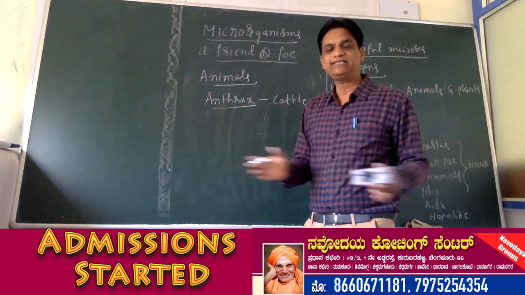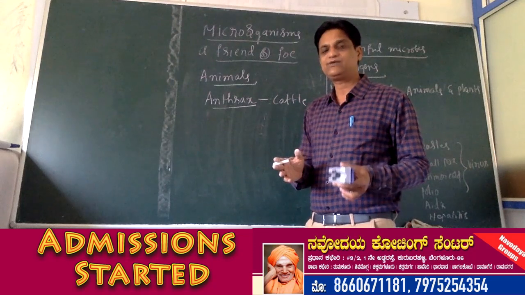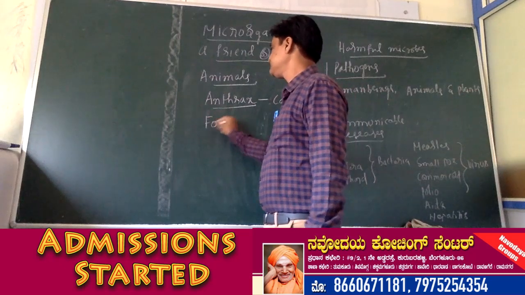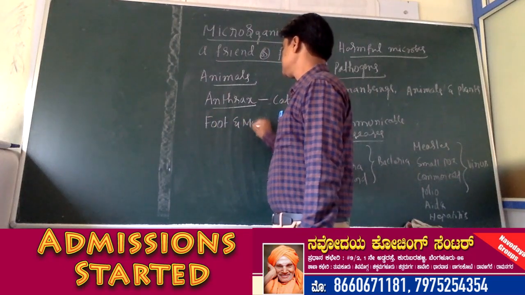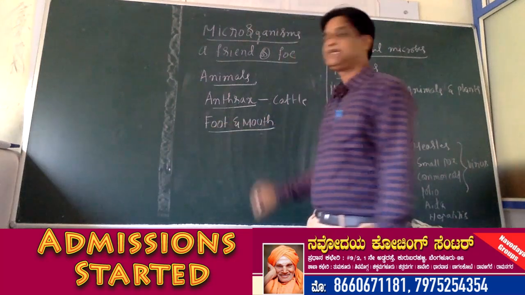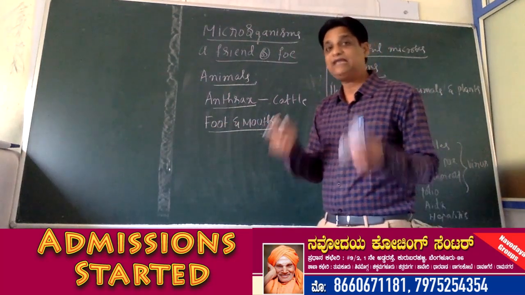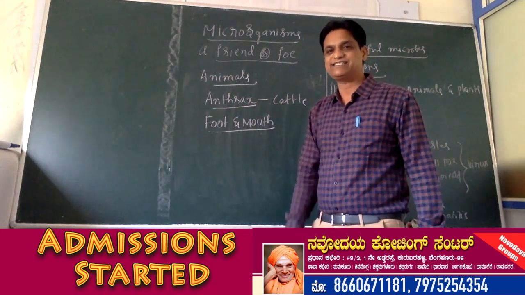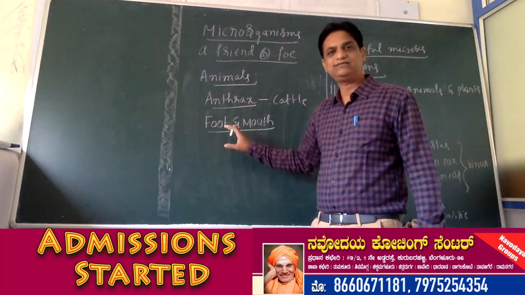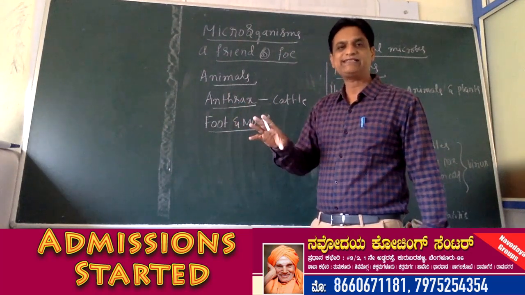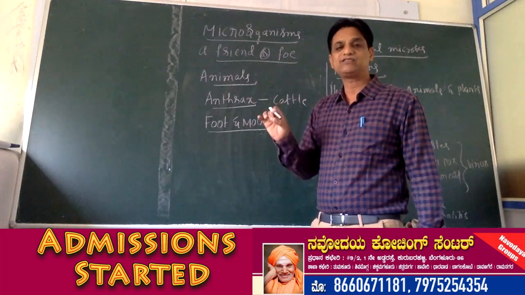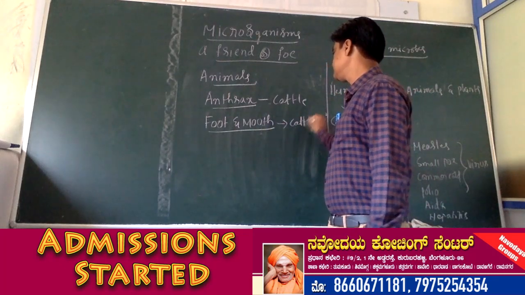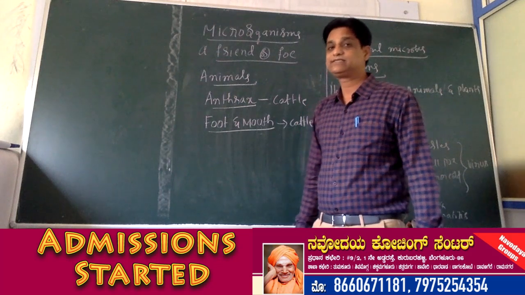But originally it is an animal disease which is caused by a microorganism. And similarly, another important animal disease which is caused by a microbe is called foot and mouth disease. Okay. So anthrax and foot and mouth disease are examples of diseases which are caused by microorganisms in animals.